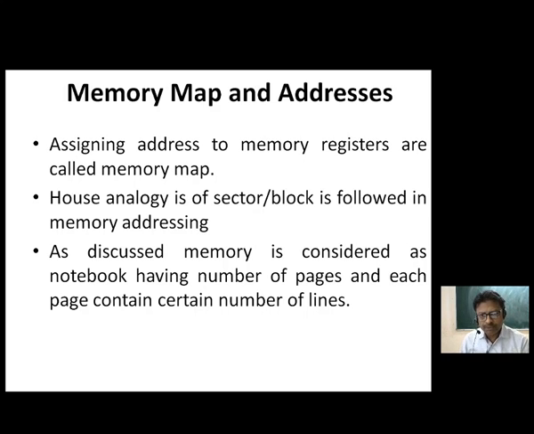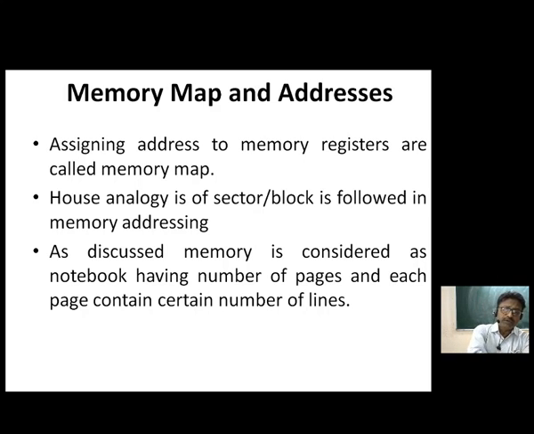Another example I can give you is that in any housing society we have a certain number of houses, and each house has its own address, its own number by which it is identified. So if I take an example where there is a housing society with 10,000 houses, you can assign the addresses of the individual houses from 0000 to 9999, so that you are able to address 10,000 houses.